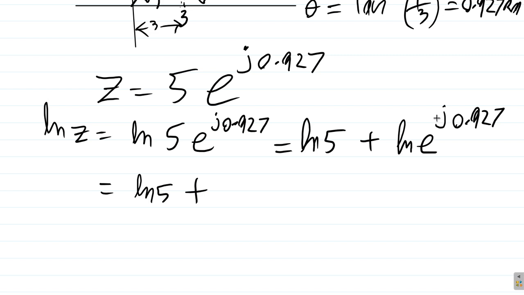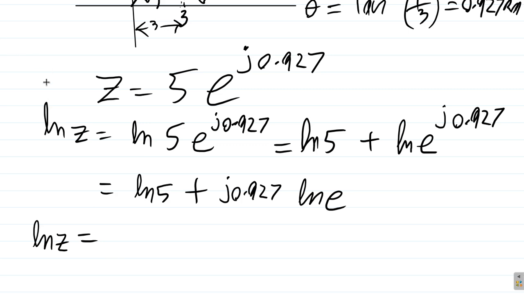So if you bring down the power of e, which is j 0.927, it's the power times the natural log of e. But what is ln e? It's 1. So ln z is equal to ln 5 plus j 0.927.